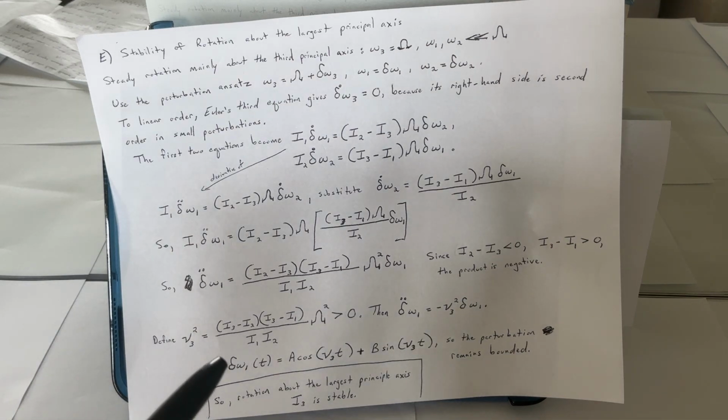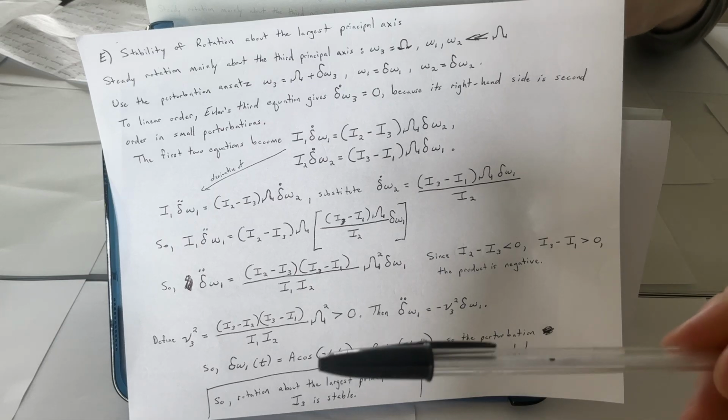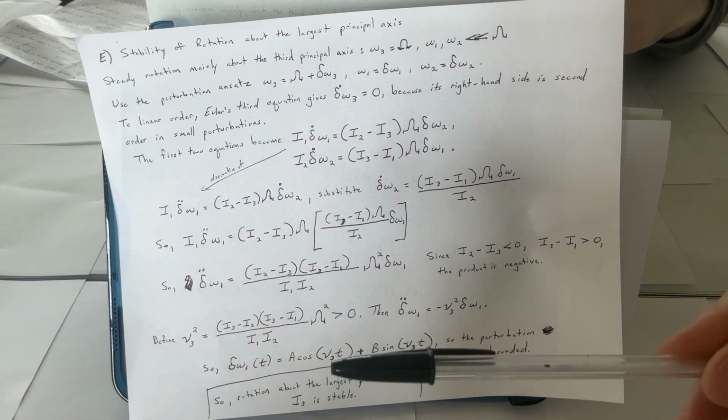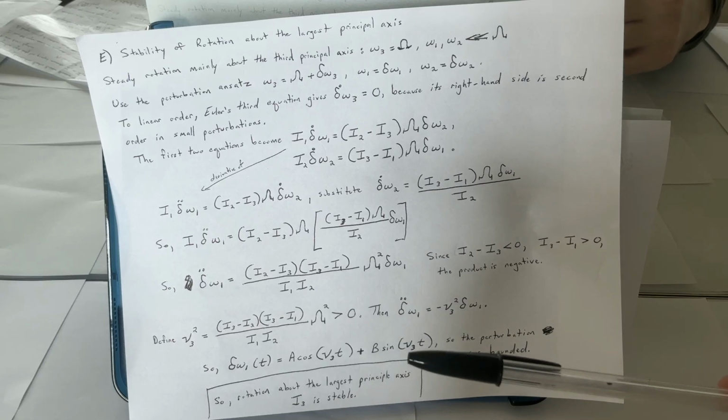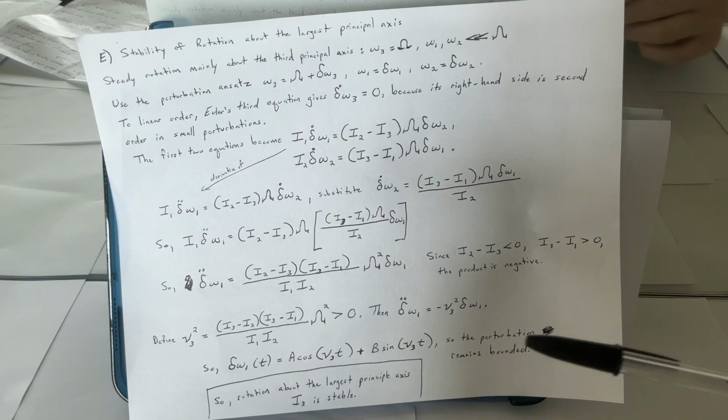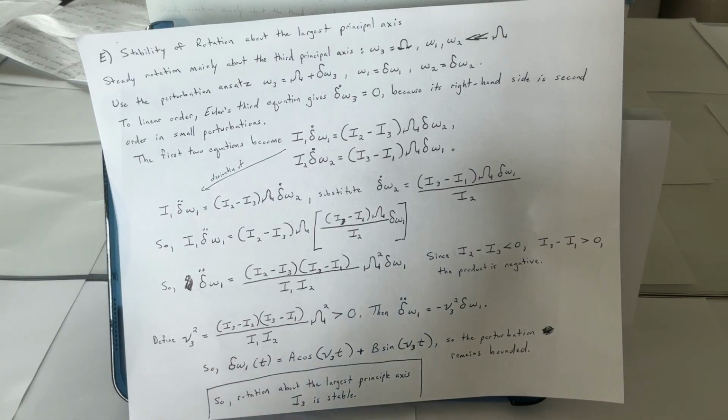So delta omega sub 1 of t equals a cosine of nu sub 3 t plus b sine of nu sub 3 t. So the perturbation remains bounded.